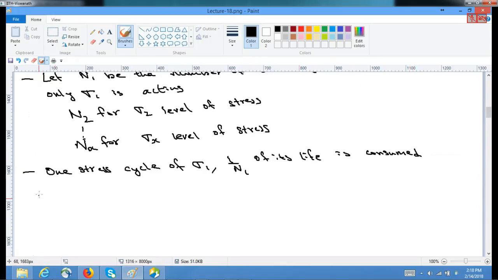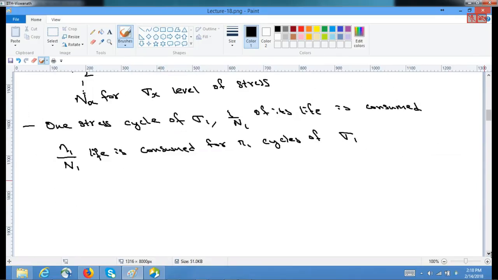So for small n1, the total life consumed is n1 by capital N1, for n1 cycles of sigma 1.